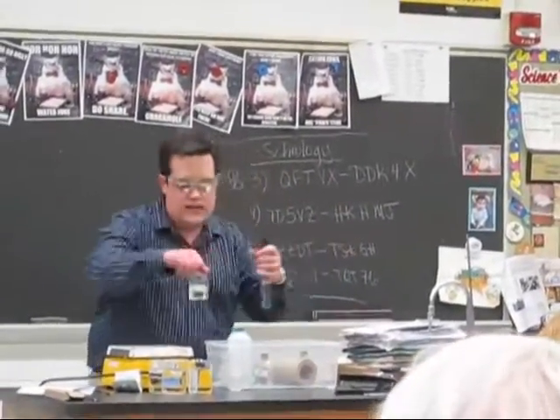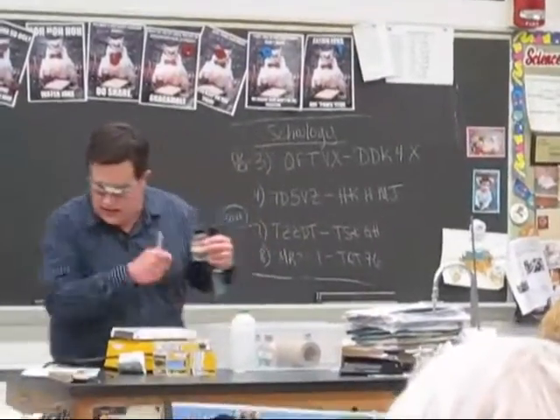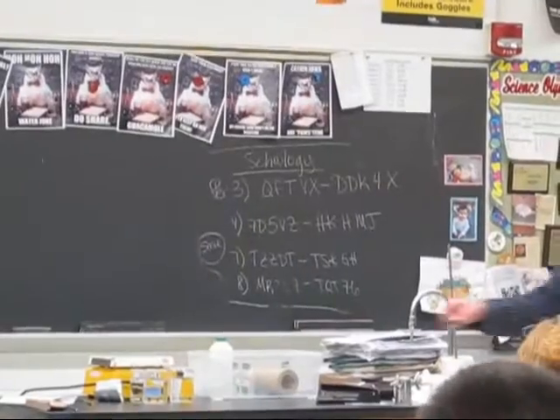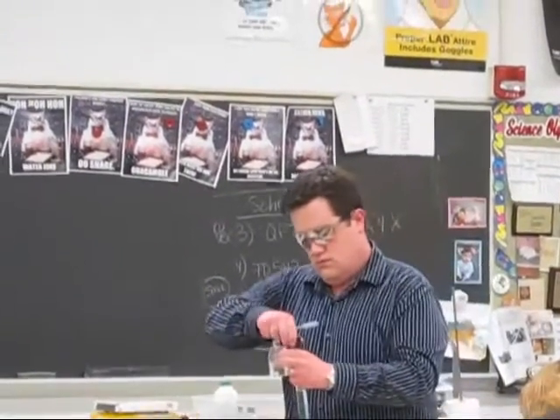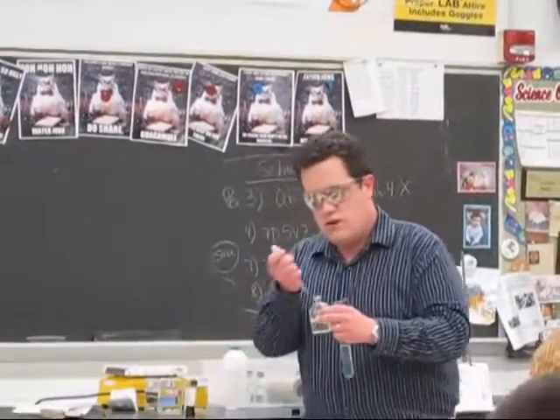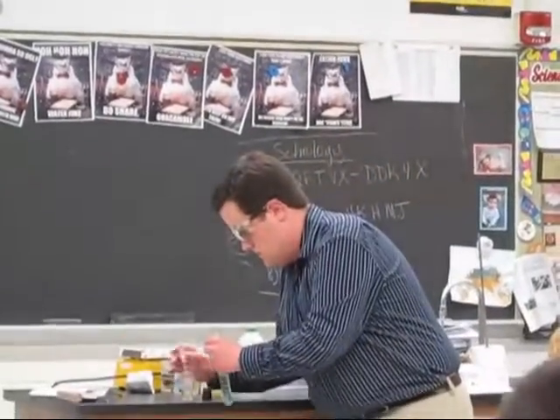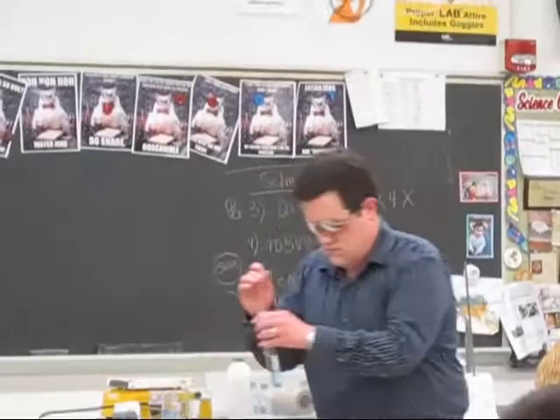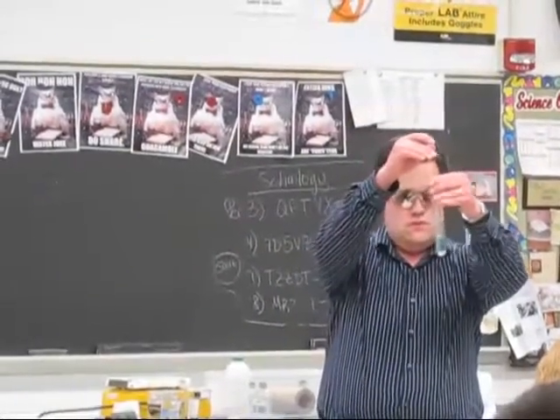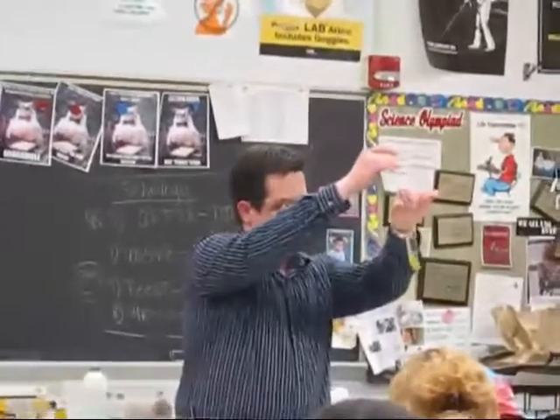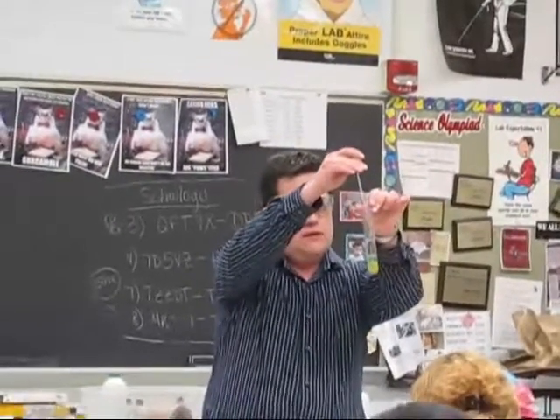And so then what you add here is some potassium iodide. I'll come a little bit closer here. It's 1 to 2 milliliters of potassium iodide. What we see is a precipitate forming in the bottom here.